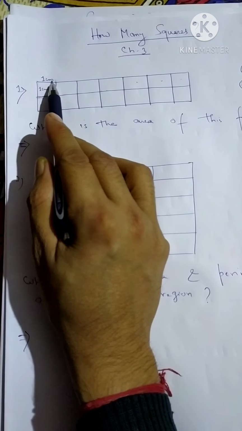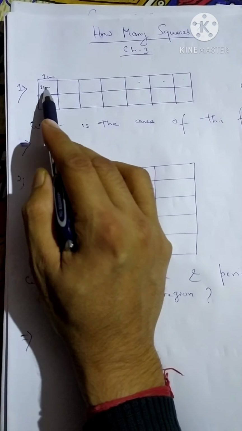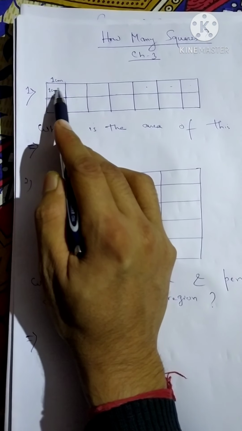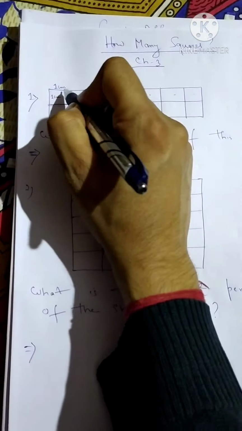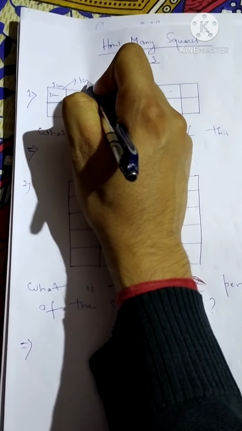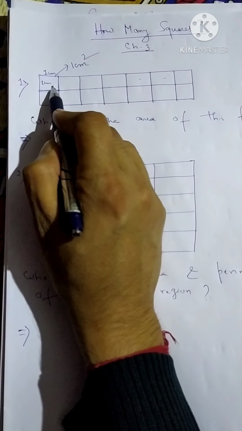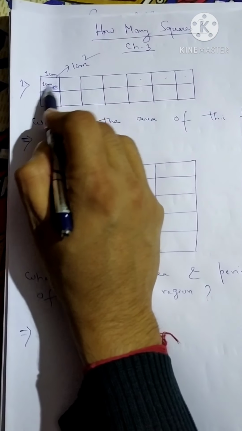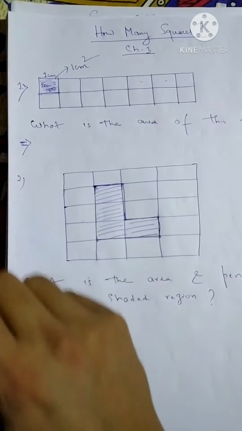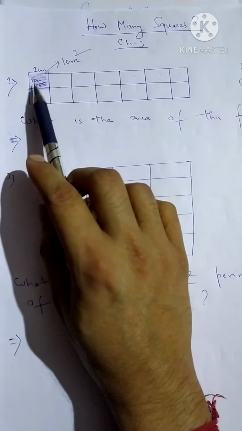So what will be the area? 1 cm into 1 cm, the area will be 1 centimeter square. This is the area of only just 1 square.